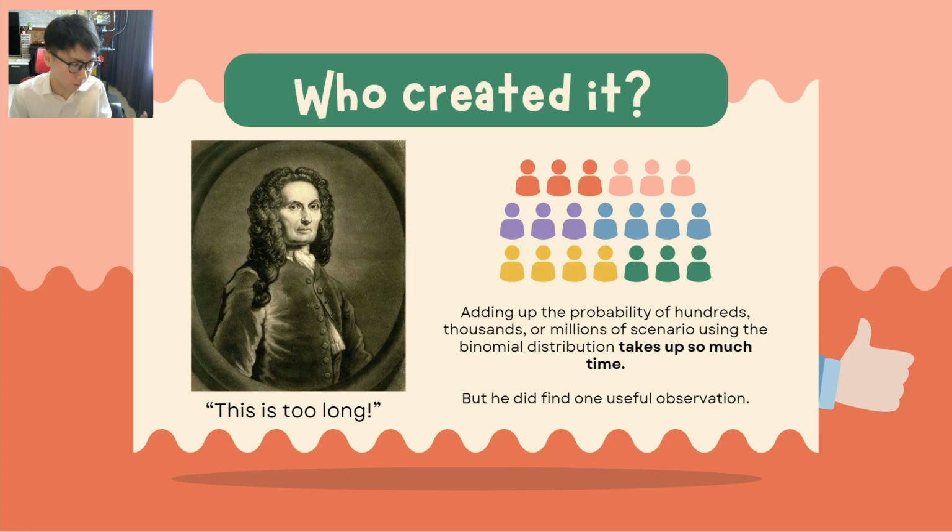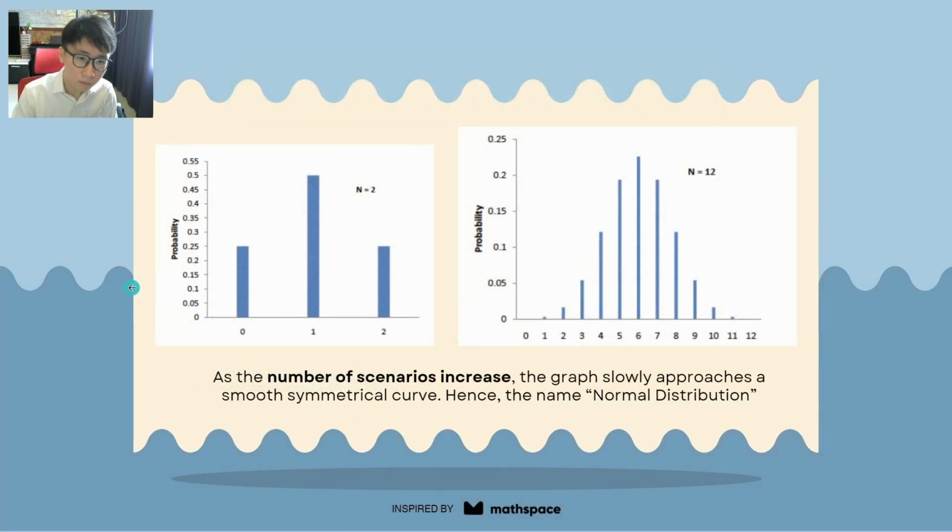But from this experiment, he found one useful observation, which is that as the number of scenarios increases, the graph slowly becomes more and more symmetrical. Hence the name normal distribution or the bell-shaped curve.